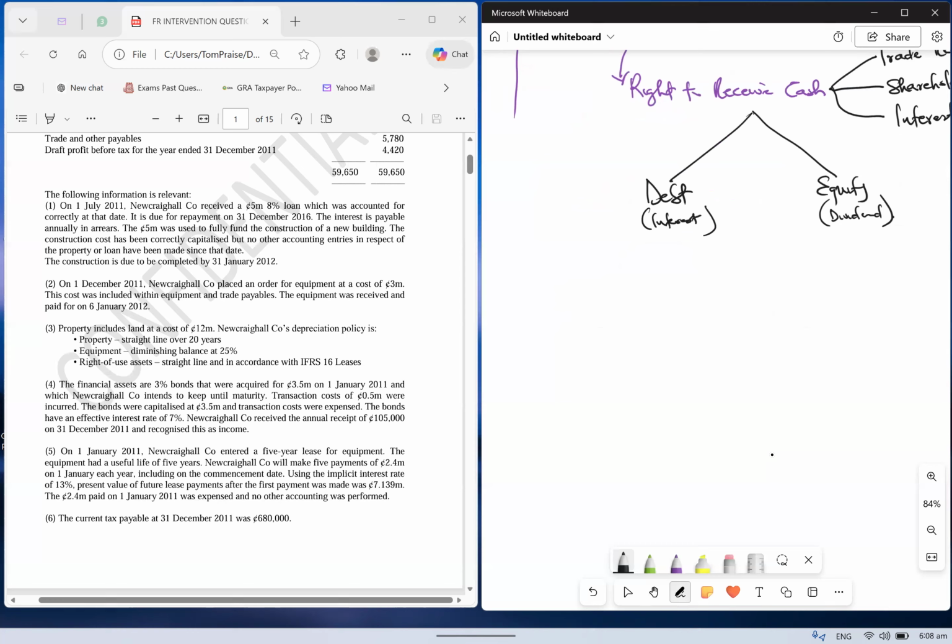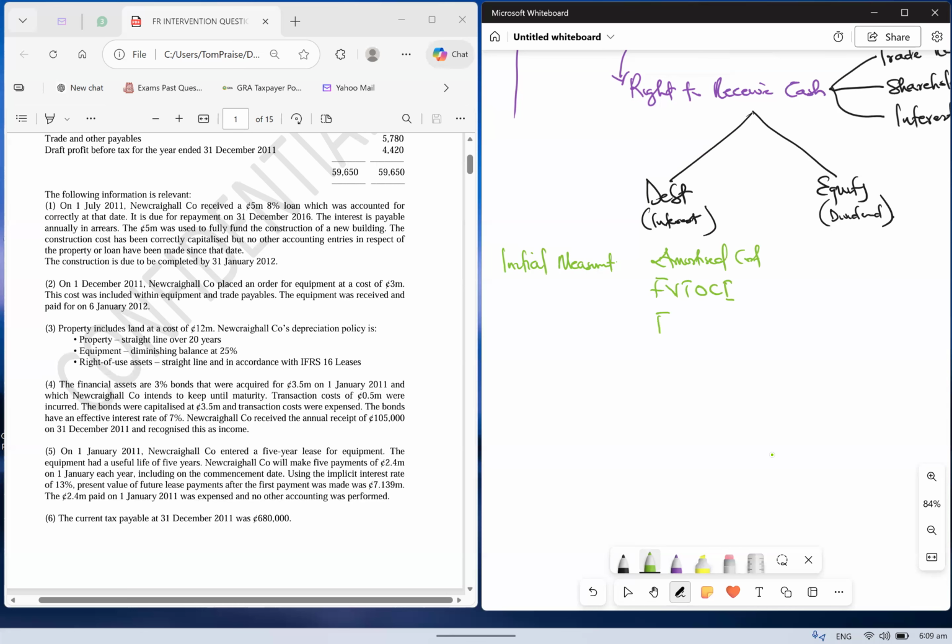Now, the initial measurement. When it is a debt instrument, we have three measurement categories. First one, we call it the amortized cost. Second one, fair value through OCI.